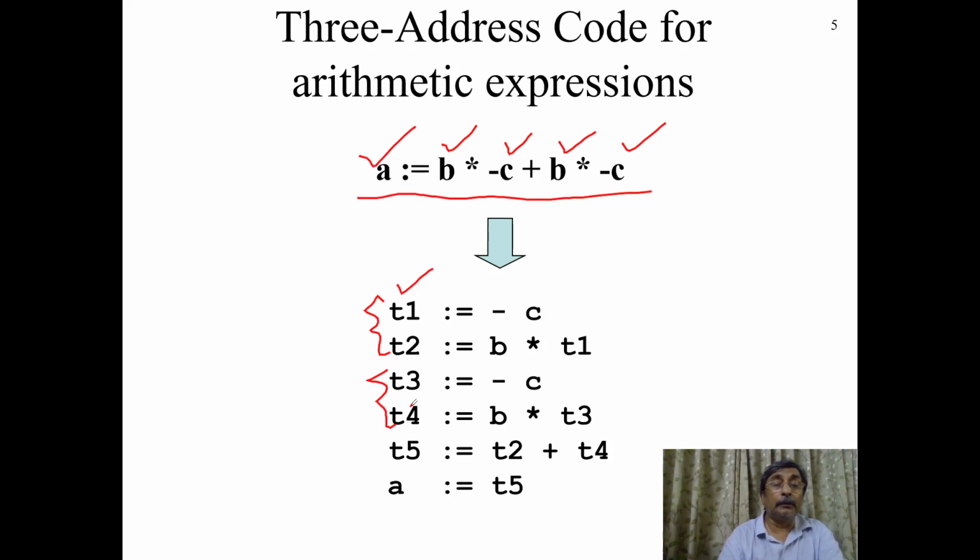But since it is generated algorithmically, such an unoptimized code will be generated, and that will be optimized by some other algorithms which we'll talk about. And that is one good thing about this three address code, that it can be optimized very easily compared to the target machine code.